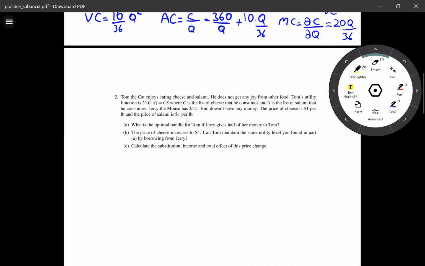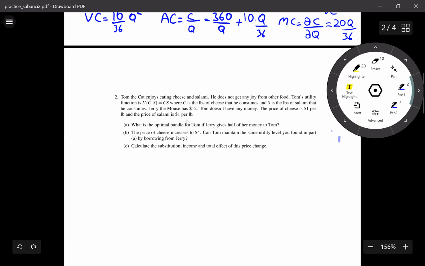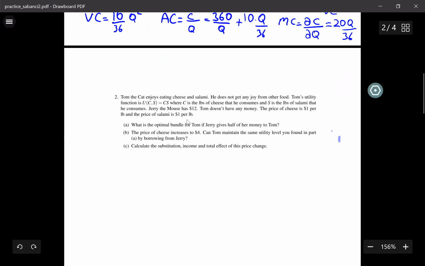Question 2 is about the substitution effect and income effect, which will include the consumer utility maximization.